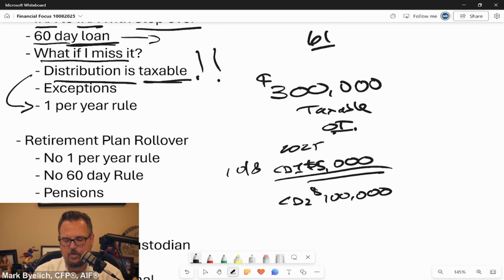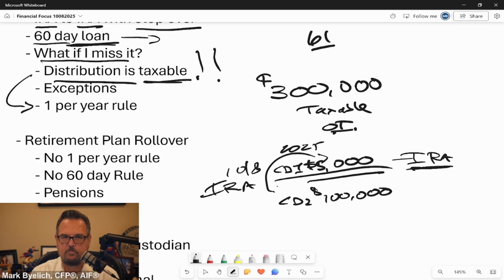And you say, okay, I'm going to take a distribution. It's a bit of a pain to move these things directly from the bank to Vanguard, and I'm just using that as an example again. Could be anybody. And so I'm going to take a distribution of the $5,000. I'm going to roll it. I'm going to deposit it right in the Vanguard. And you do that within a week. You're way ahead of the 60 days. And then you invest that into another IRA. So it's an IRA at the bank. You take the money and it goes into an IRA at Vanguard.